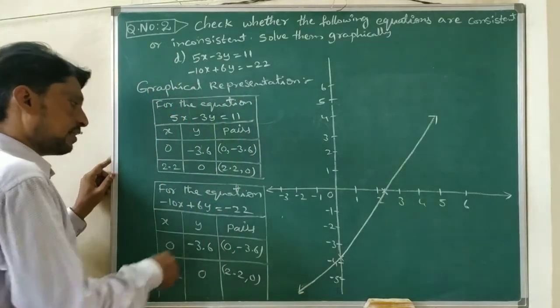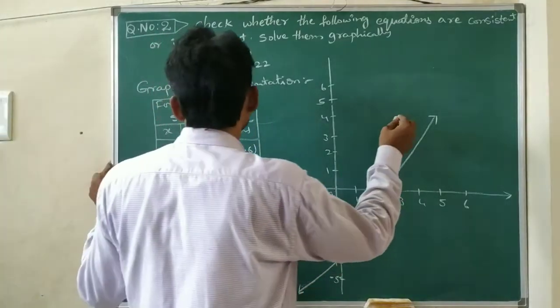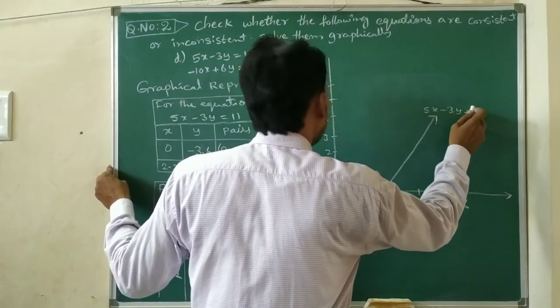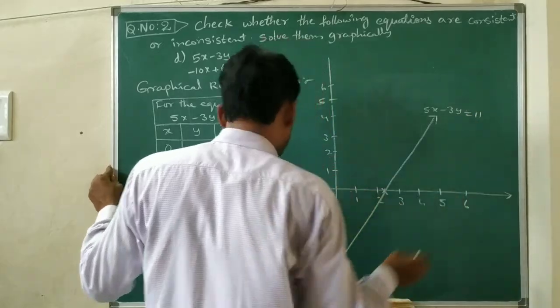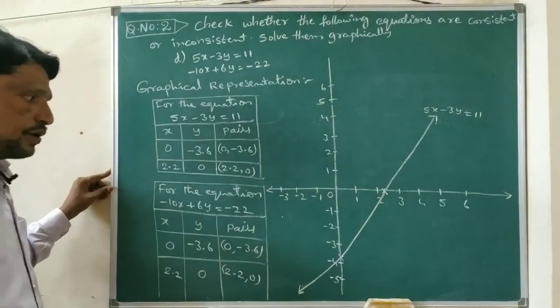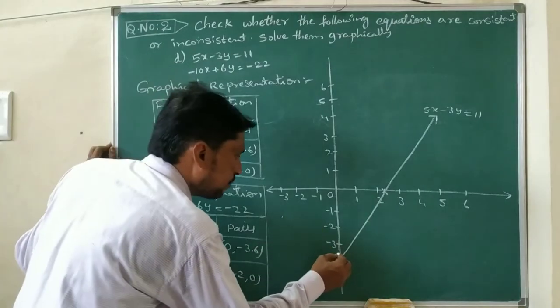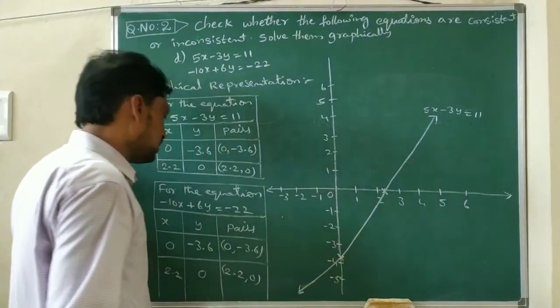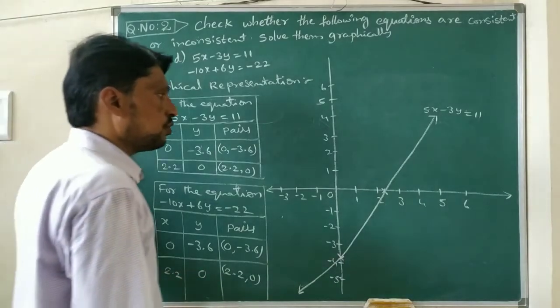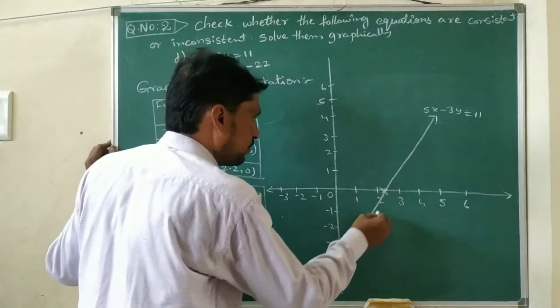Next, in the second equation, this equation is 5x minus 3y equal to 11. Next, second equation, you can plot the points 0 comma minus 3.6. 0 comma minus 3.6 means here only we are getting. And the second one is 2.2 comma 0. So 2.2 comma 0 means here only we can get.